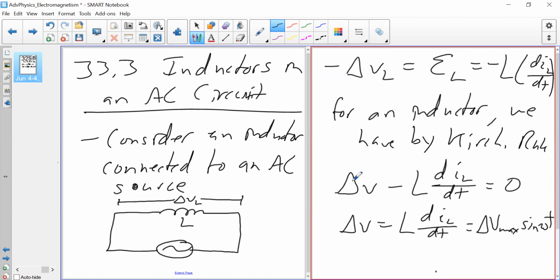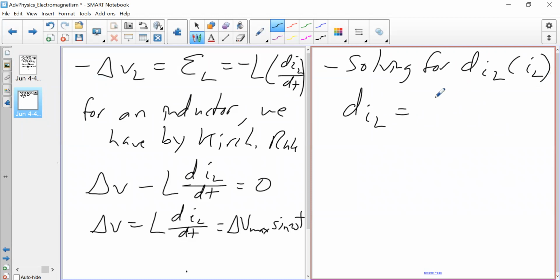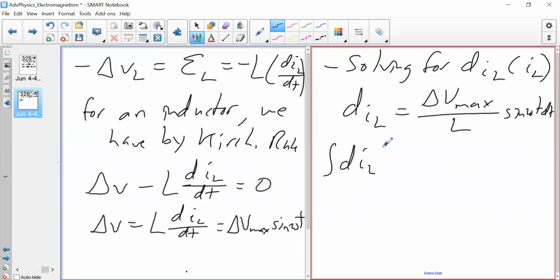I'll just continue on here. Solving for dI_L, or basically I_L, we have dI_L equals delta V max over L multiplied by sine omega t dt. So we integrate both sides. These are constants, they come out.